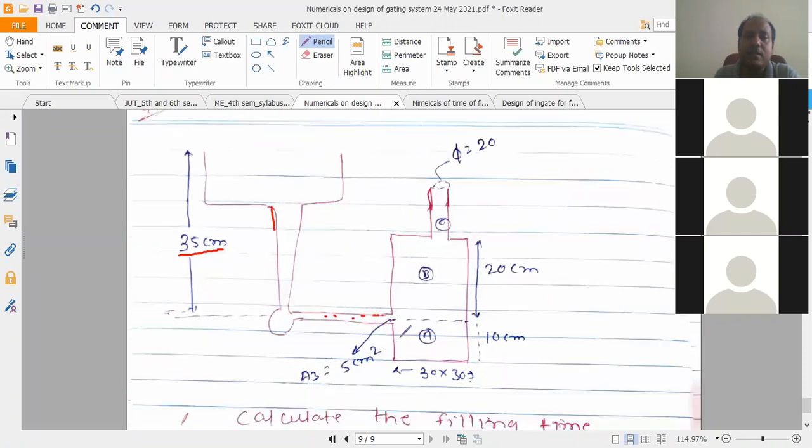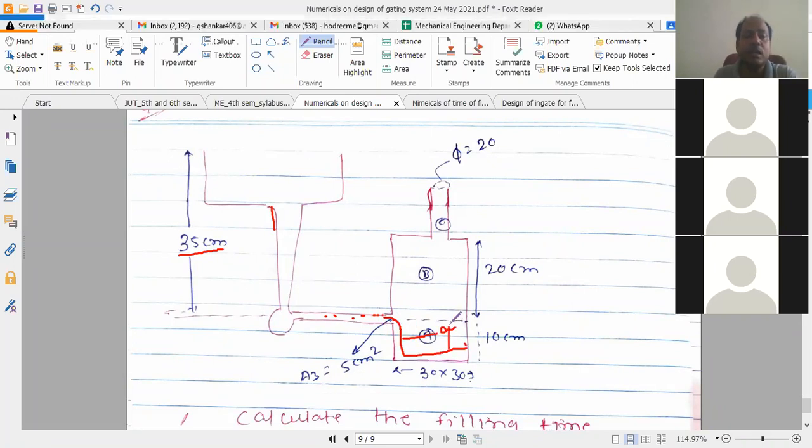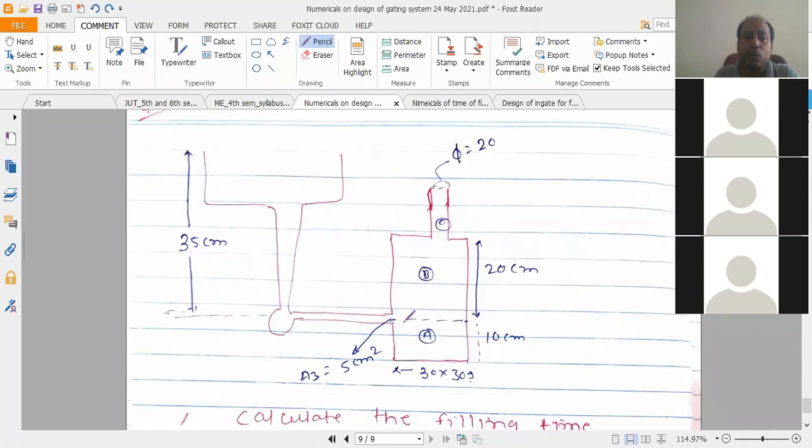Mold cavity means, in between the whole mold cavity, somewhere we have made a gate. Through this gate the molten metal will go and fill, filling upward from this gate. Now the total portion will be covered, A point, B point, and this one is the riser.